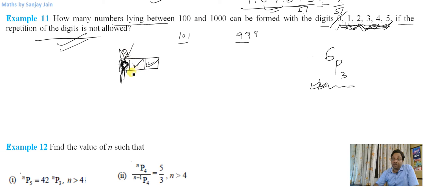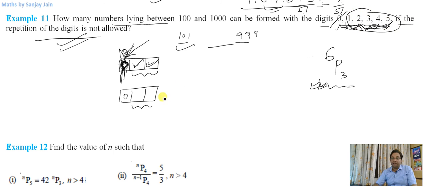This will become a 2-digit number only, and I am looking for 3-digit numbers. So I have to take out these cases where 0 is at this place. So how do I take out these cases? I fix 0 here, and let us see how I can fill these two places using the rest of 5 digits. The number of possible arrangements will be 5P2. So I'll have to subtract this from this. This will give me my answer.